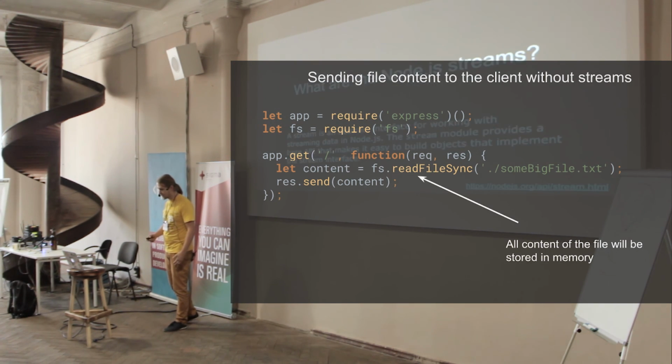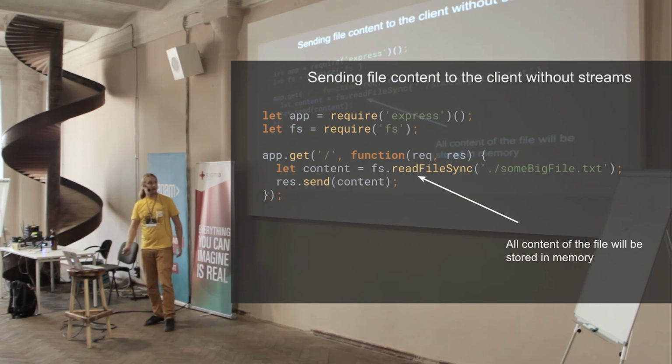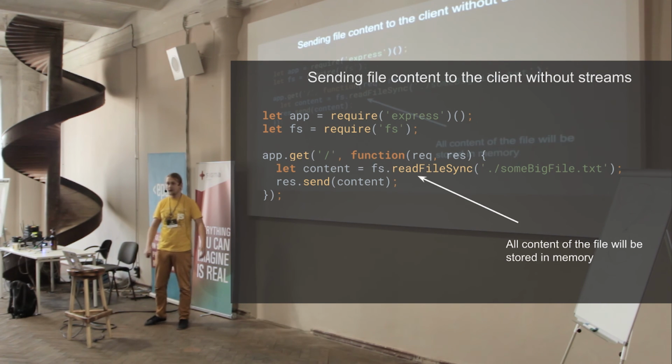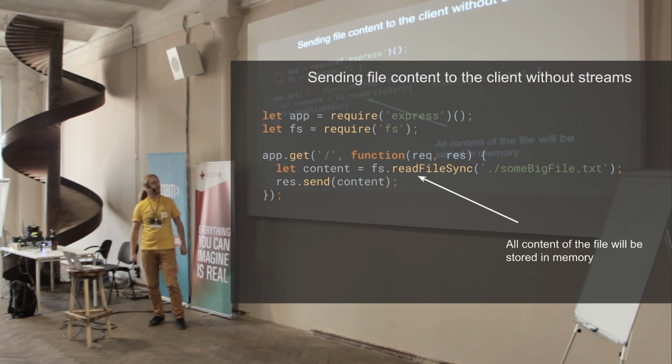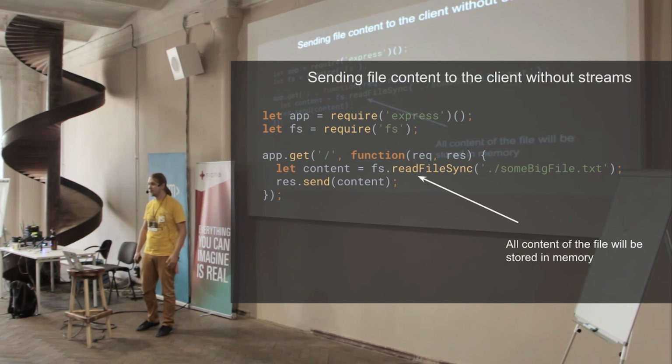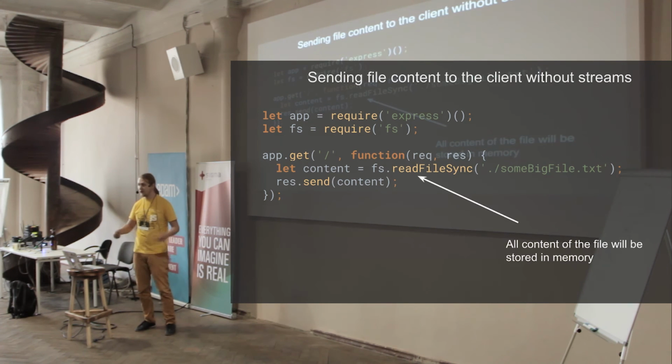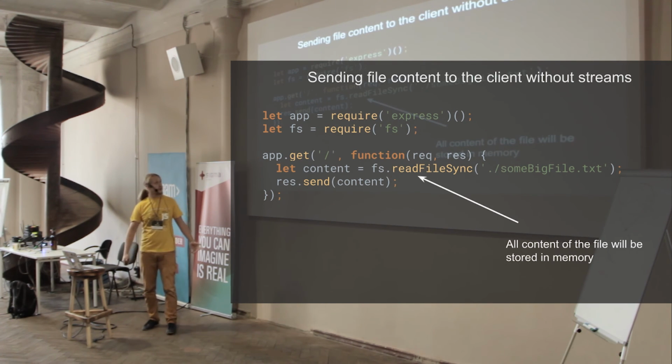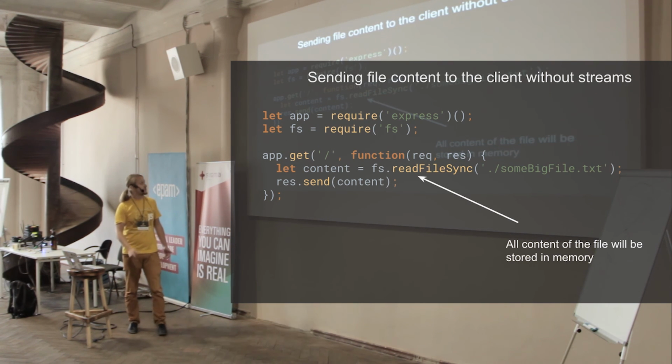Whoops, why is it jumping? So let's say we have an Express application. Most of you who are using Node.js are using Express, I think. For instance, we have a task to send a file from the backend to our API clients. What we can do is just read the file synchronously or asynchronously, it doesn't matter, with the fs module, and just send the content to the response.